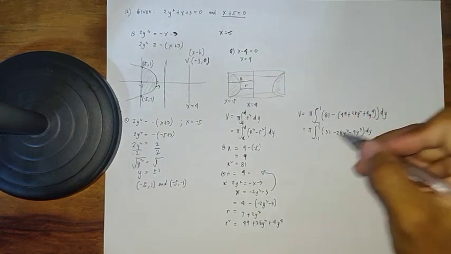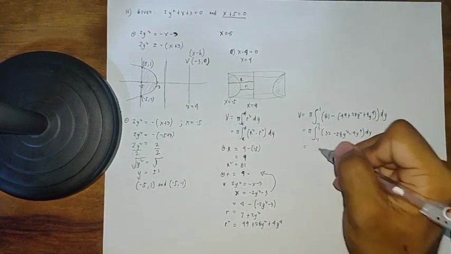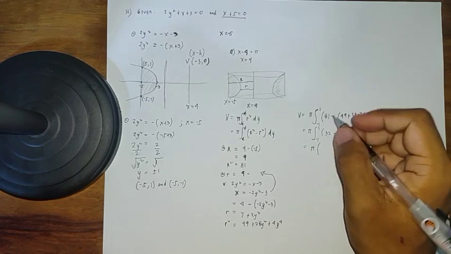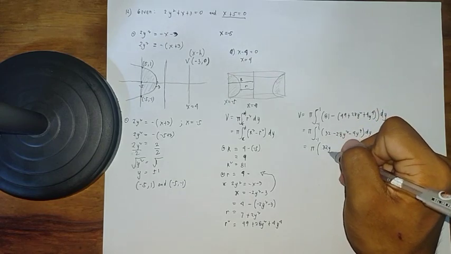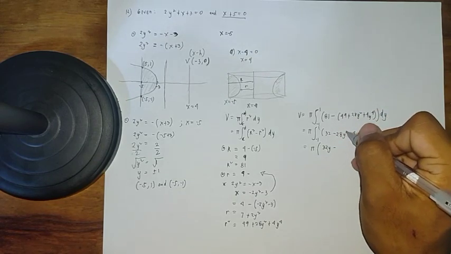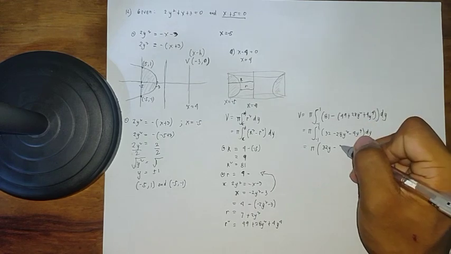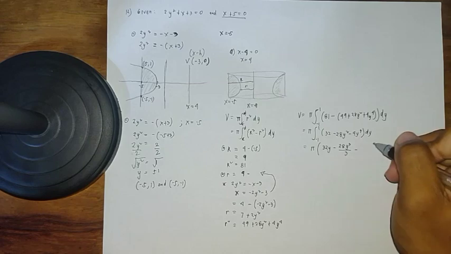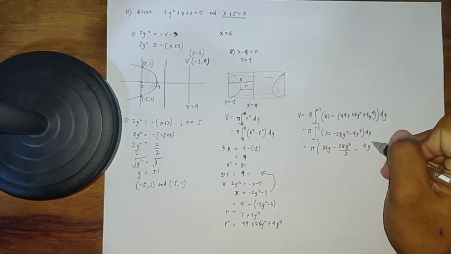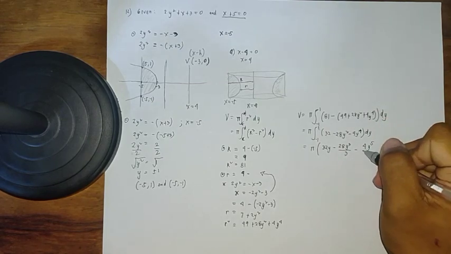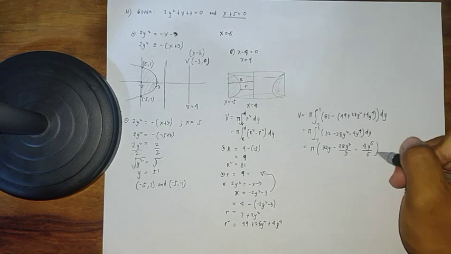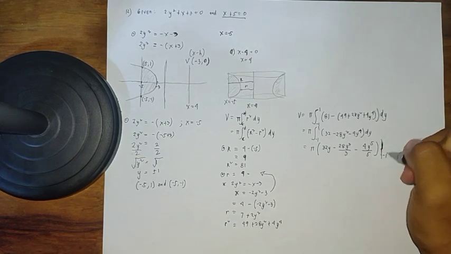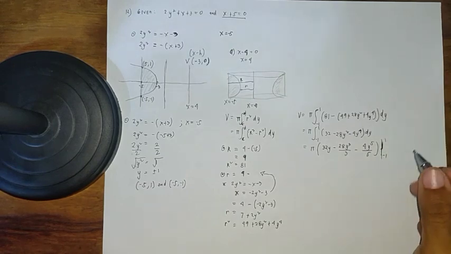So, integrate na po natin siya. Magiging pi times the quantity 32y minus, kapag integrate po natin to, magiging 28y raised to 3 all over 3 minus 4y raised to 5 all over 5, from negative 1 to 1. So, isa-substitute na ulit natin.